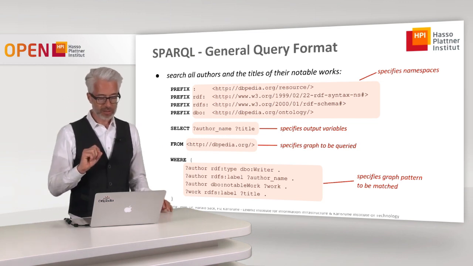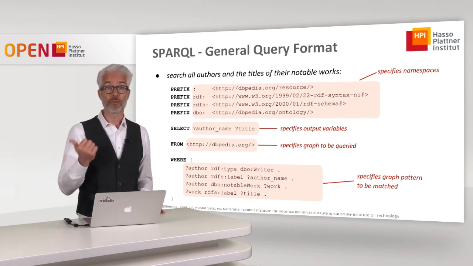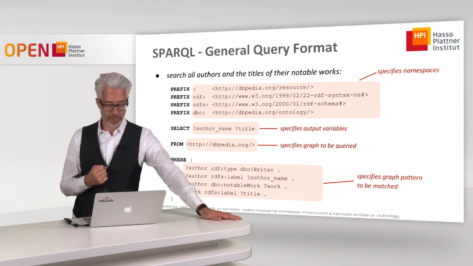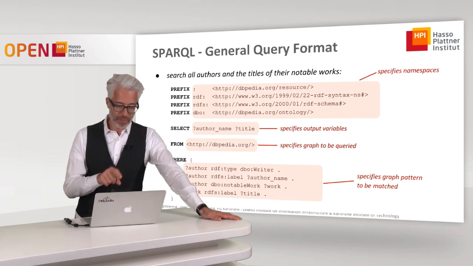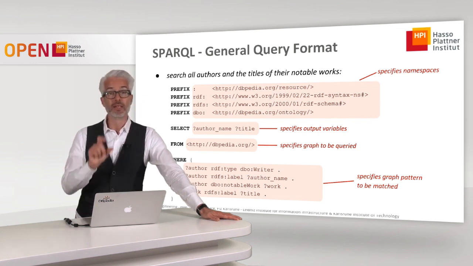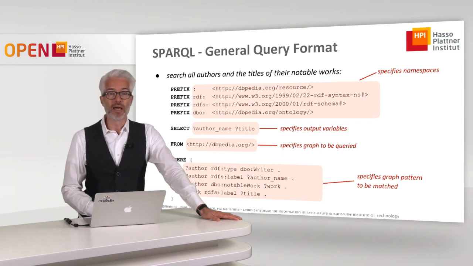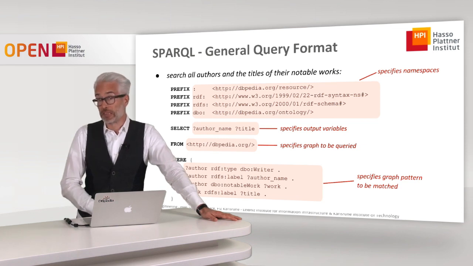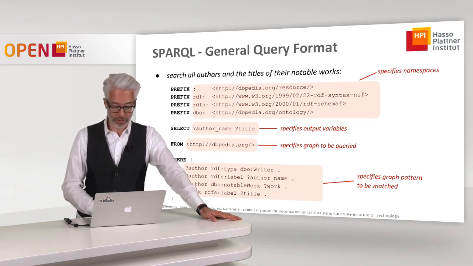So let's recollect what we want to do. We want to search all authors and the titles of the notable works. And we want to do this in DBpedia. So first of all, if you look at the triple patterns, the first triple pattern states, okay, subject should be the author. And of course, it should be of type DBO writer, which means this is somebody who has written some work. So definitely an author.